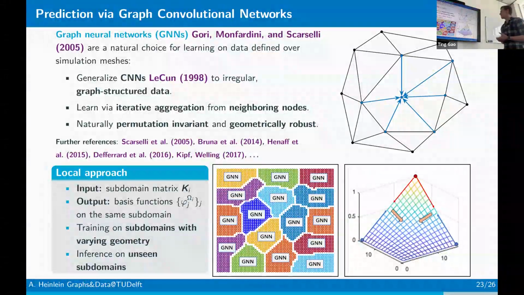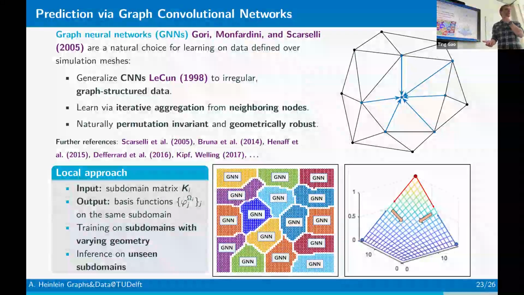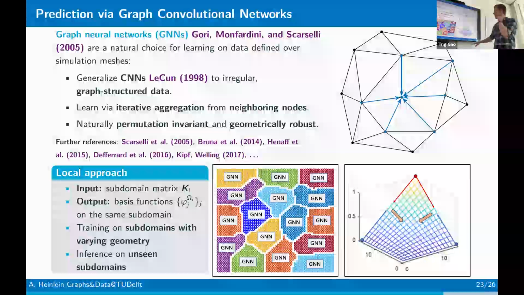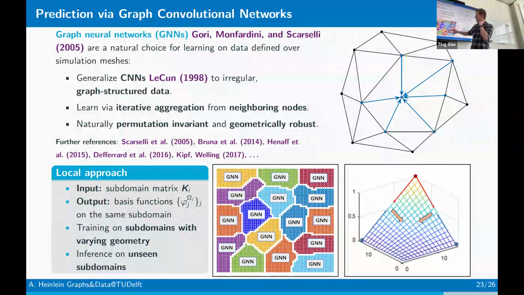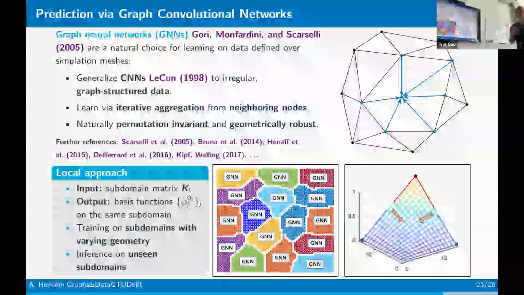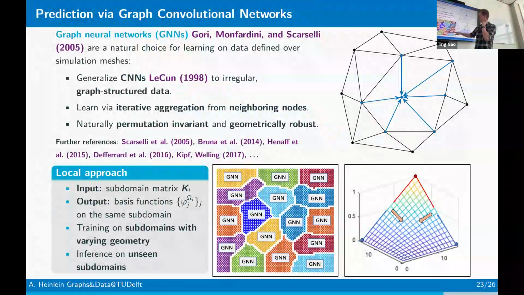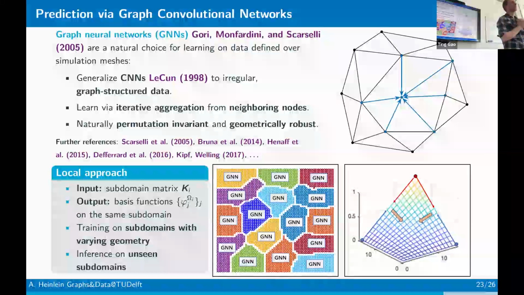And our idea in the end is, because on all the subdomains we will solve the same differential equation in order to compute the coarse basis functions, we would like to train one GNN that we can apply on every subdomain in order to compute this extension operator. So we assume that we know our basis functions on the interface, and what we would like to have is one GNN that can always give us the values that we would need in each of the subdomains.